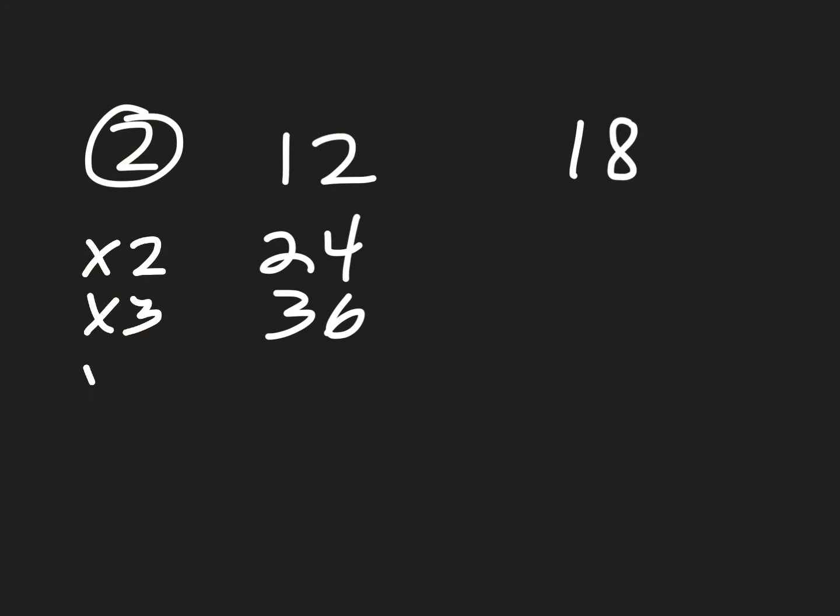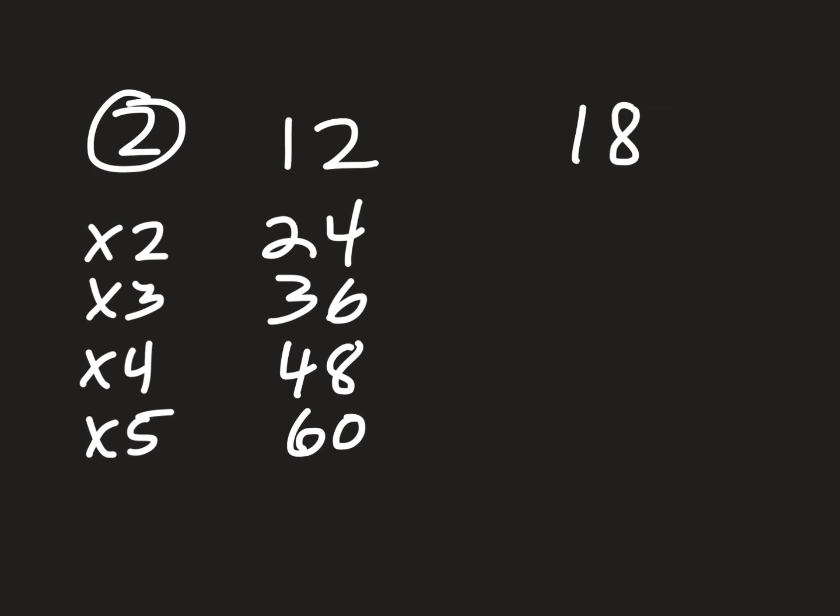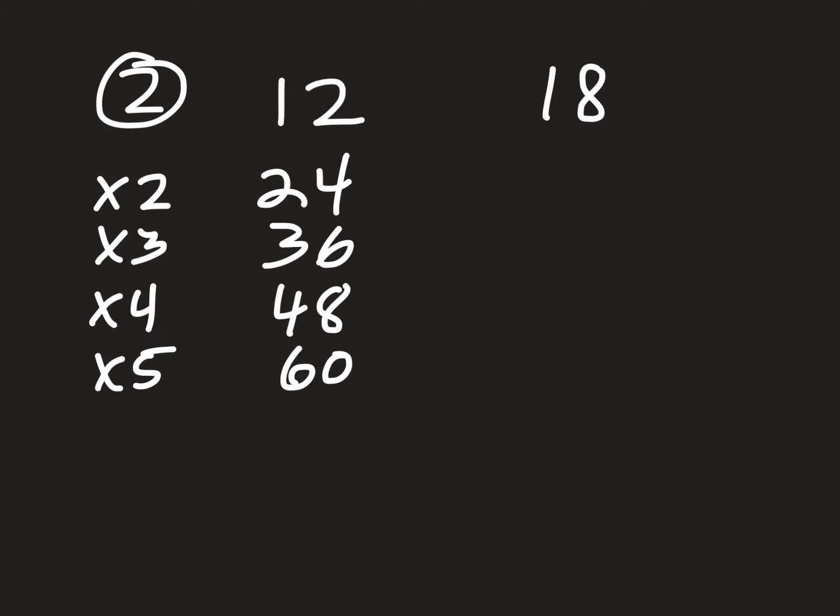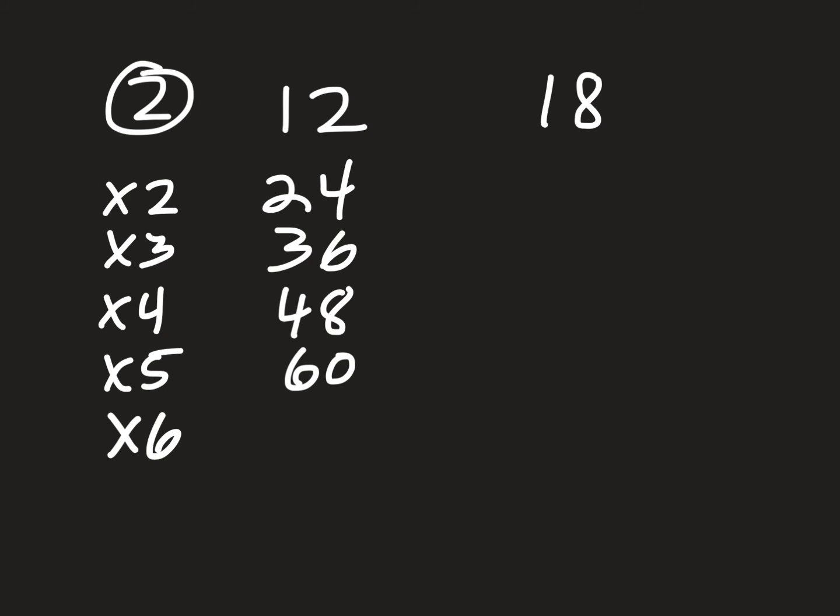Problem number 2, I still need to do a list of multiples. So 12 times 2 would be 24, times 3 would be 36. I'm basically just recreating that same list. Hopefully that'll be enough. Let's see now. So now I'm going to do multiples of 18. 18 times 1 is 18. Times 2 is 36.